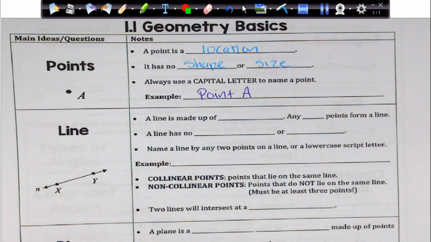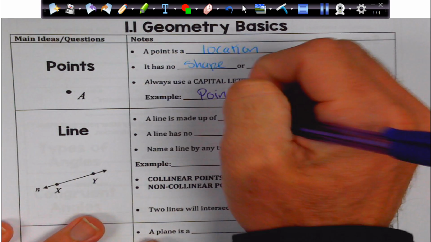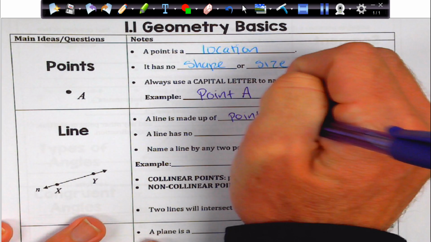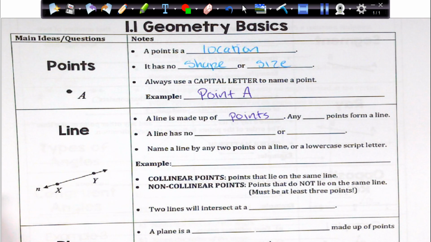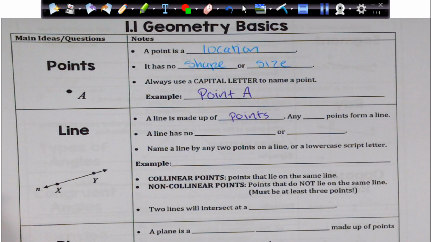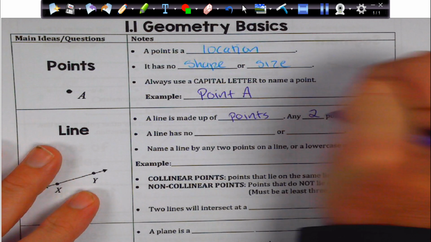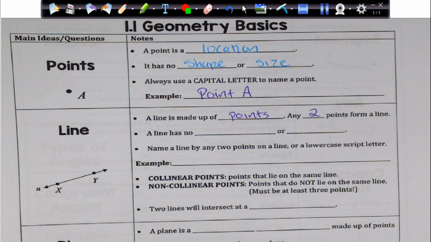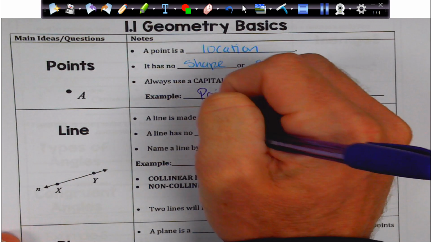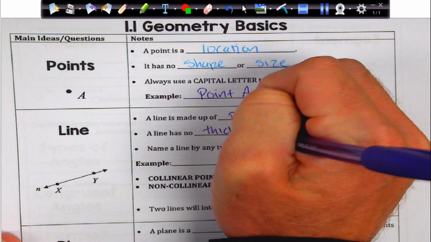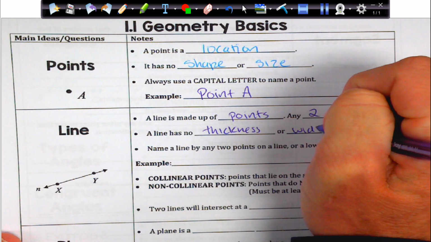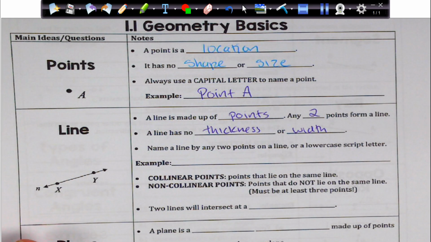A line is made up of points, right? So lots of different points, and any two points can form a line. A line has no thickness or width, but it does have length.